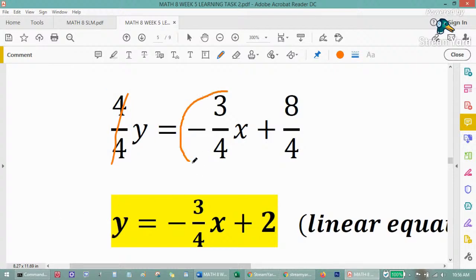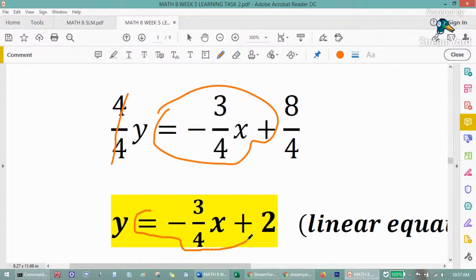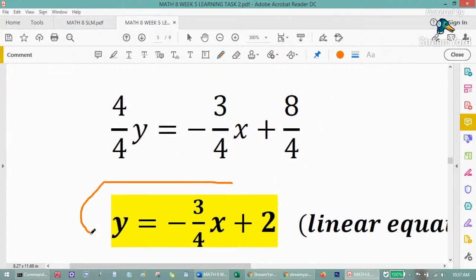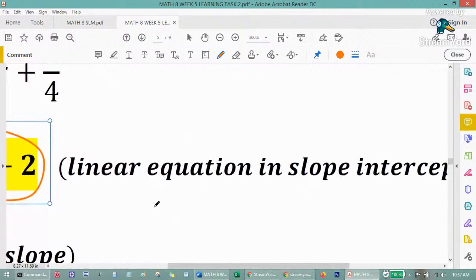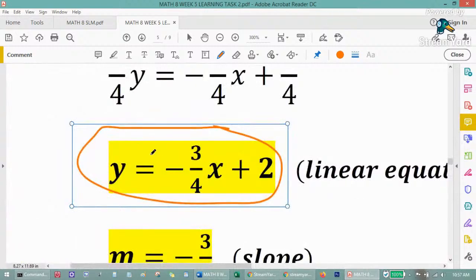And then negative 3 over 4 x equals negative 3 over 4x plus, and then itong 8 divided by 4 ay magiging 2. Okay? This is the linear equation in slope-intercept form. Final answer.